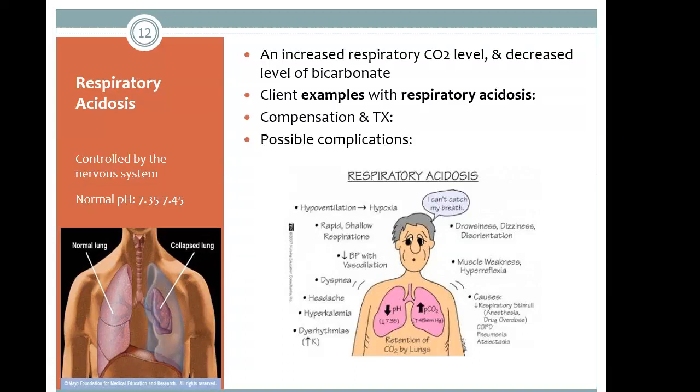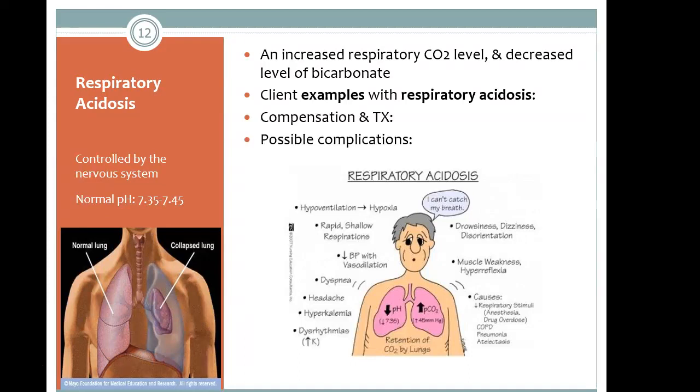Therefore, you will see dysrhythmias with patients who have respiratory acidosis. Additionally, we will see muscle weakness as well as hyperreflexia. And the patients will continue to complain that they can't catch their breath or get enough oxygenation to their tissues.